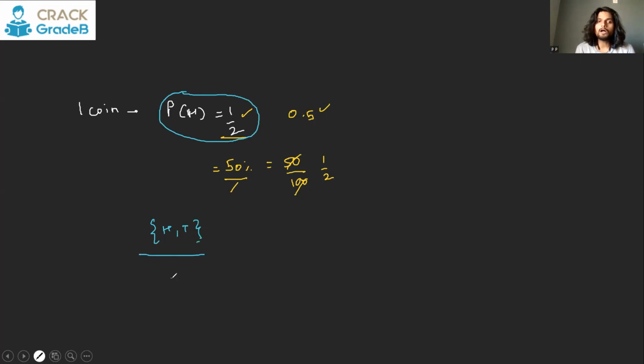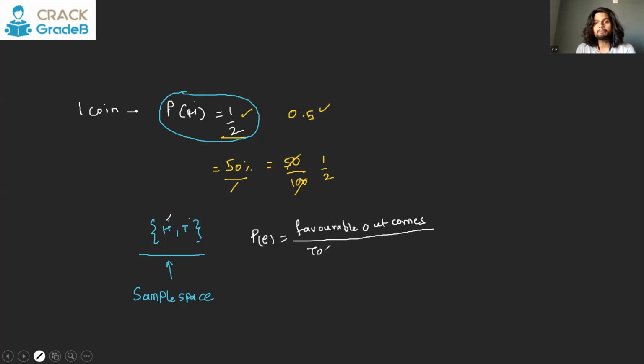When you write all the possible outcomes in one place like this, it is called the sample space. So sample space means all the outcomes, or the list of all the possible outcomes. In our sample space, there are two elements, out of which if you want head, that means our favorable element is 1. So the technical definition of probability of an event E is favorable outcomes, cases, ways, number of ways, everything means the same, upon total number of outcomes.